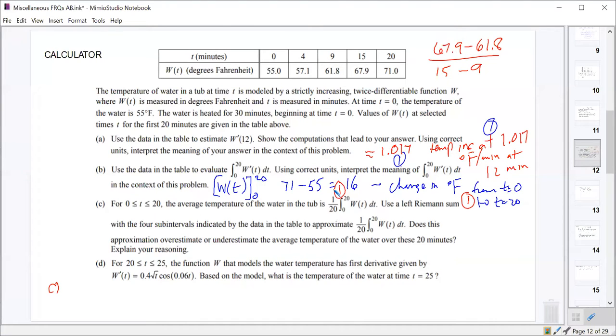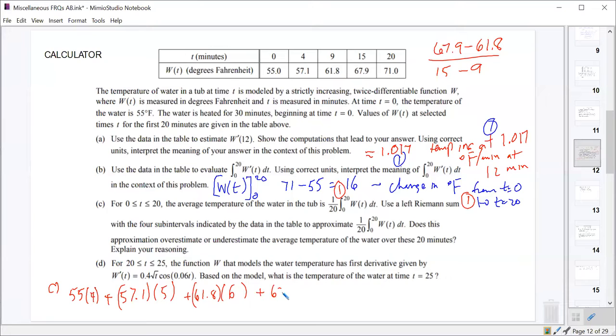So using a left Riemann sum, the first value should be 55, and we should multiply it by the length of that first interval, which is 4. Then it should be 57.1, multiplied by 5. Then 61.8, multiplied by 6.